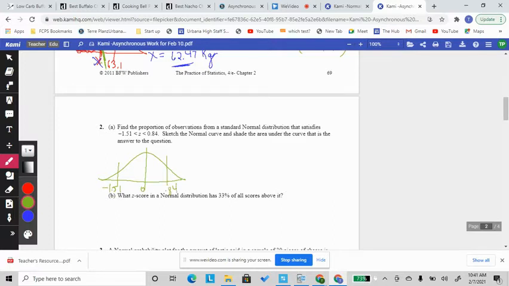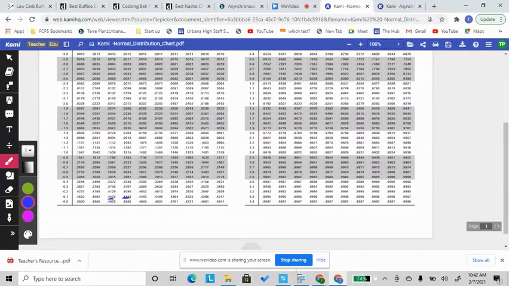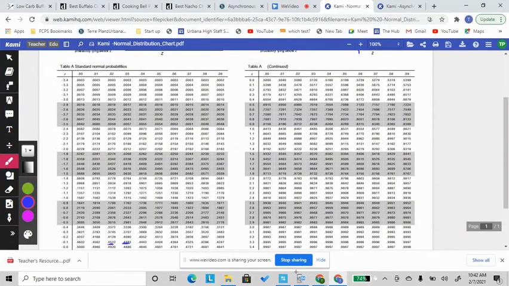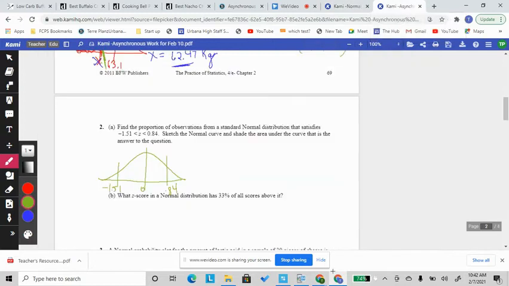Using the z-score chart, we will go to negative 1.51. So negative 1.5, arrow down to 1, and you get 0.0655. So that area is right here.